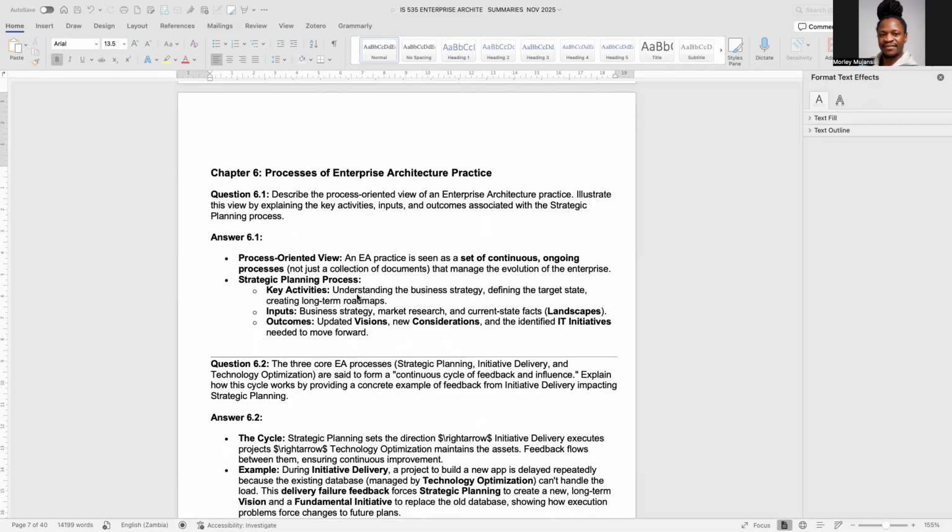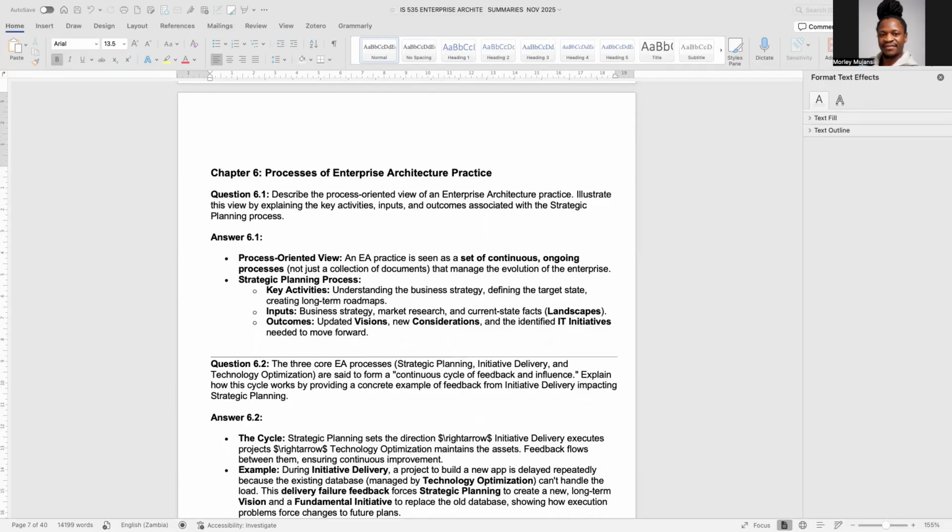The inputs are things that you need to have: the business strategy, the market research, the current state facts, and these are the landscapes. And then the outcomes would be the visions, the considerations, and the new identified initiatives that you need to implement moving forward.